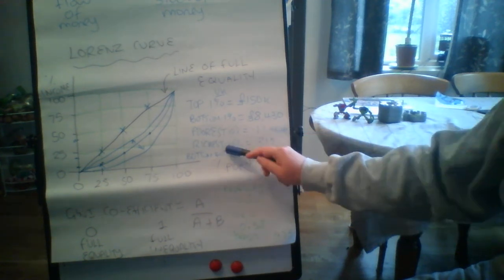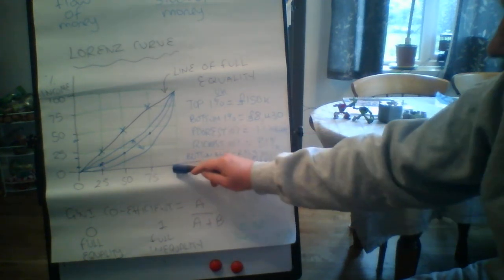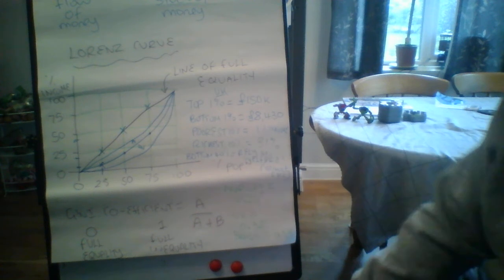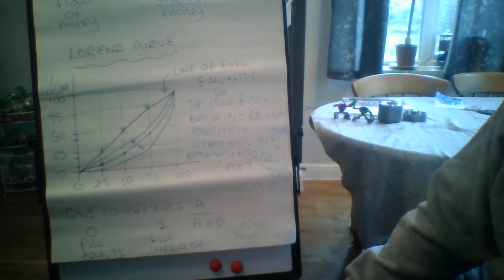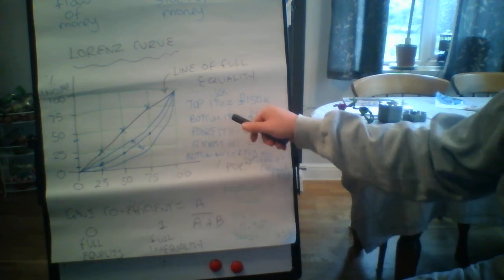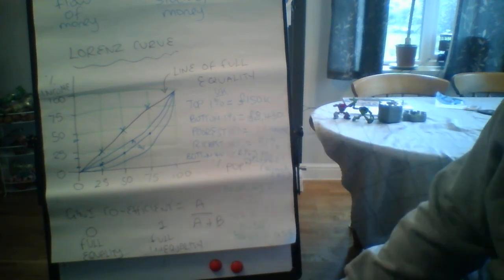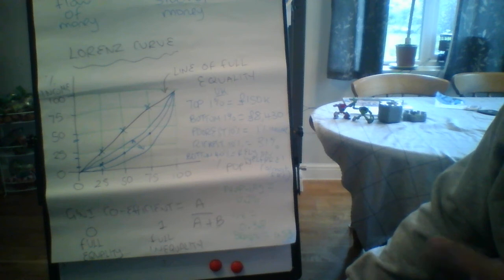The richest 10%, so these guys here, they earn 31% of the country's income. So you've got this phenomenal gap between the rich and the poor people in society. And obviously the assumption would be that the bigger the inequality levels, the more number of people will be in absolute and relative poverty.